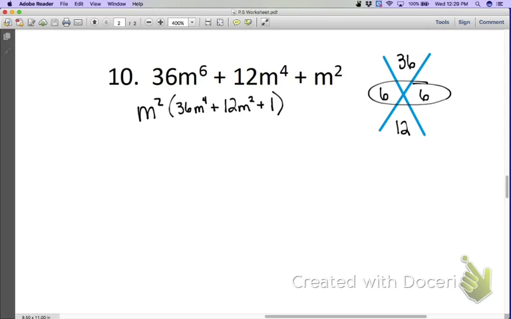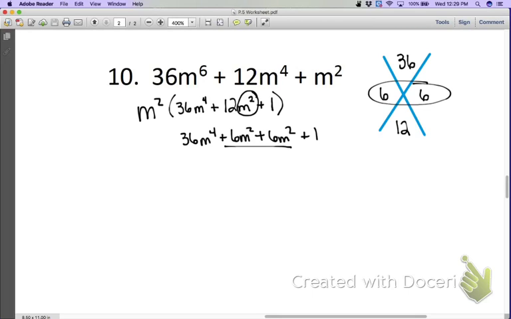6 and 6, right? So, again, if you're not sure, 36m to the fourth plus 6m squared plus 6m squared plus 1. So we just traded those two out. Whatever that middle term is, it's going to match those middle terms there.